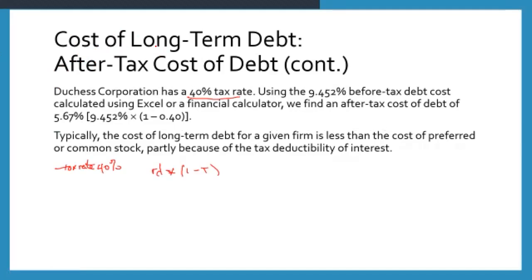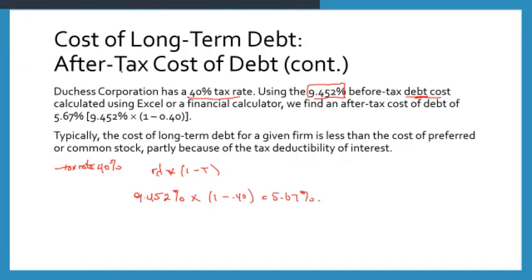Using the 9.45% before tax, which is the cost of debt, we find, using the calculator, that it would be 9.452% times 1 minus 40%. And here you get 5.6%. Now that's your return or your cost of debt after taxes.